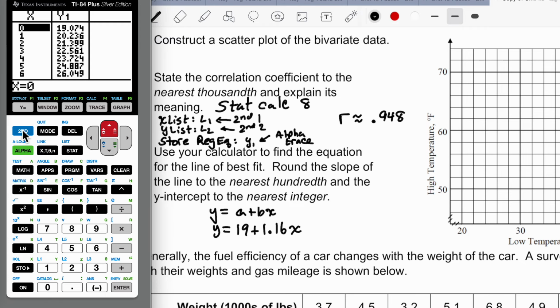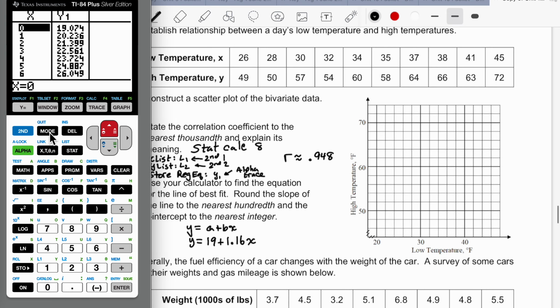All right, so let's get the scatter plot here. Scatter plot is just x value comma y value.